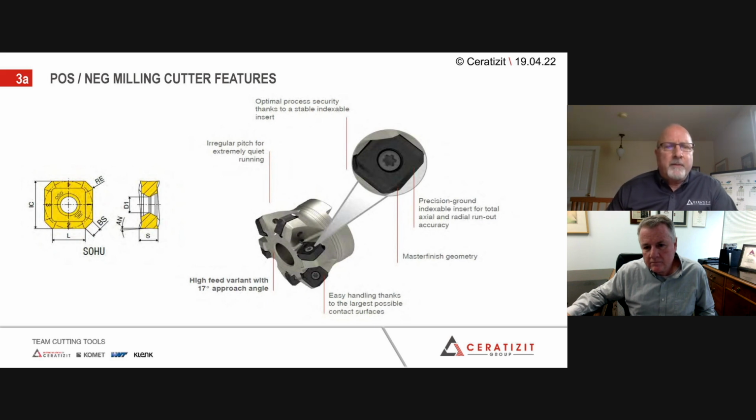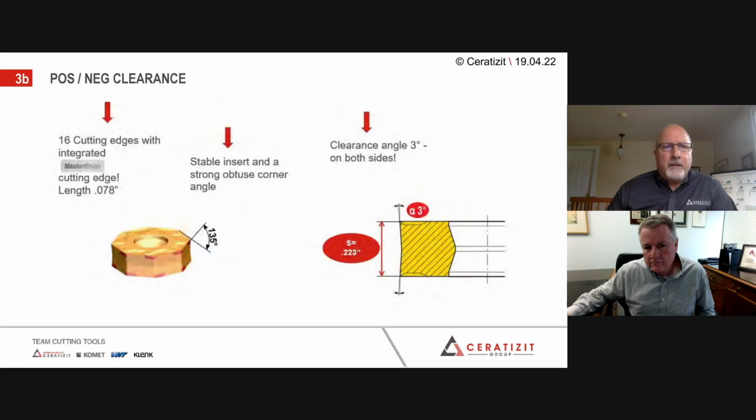More recently, there have been developments by a number of manufacturers where they've decided that it makes much more sense to build a thicker insert so that the wear scar has plenty of room, if you will, to wear, and still all the edges will be available for use. In our case, we have taken a different approach.